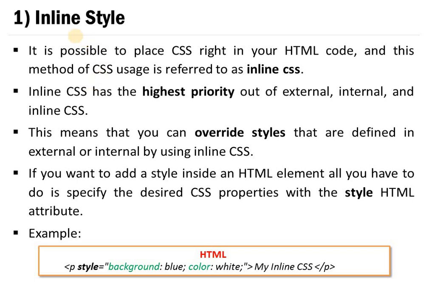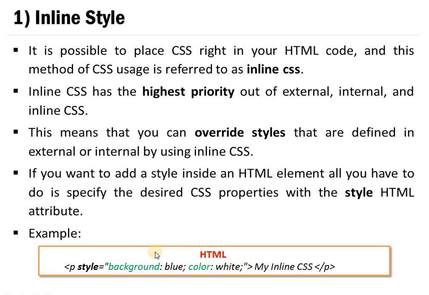In the p tag I have used one attribute, and this attribute name is style. In the style attribute I have set two pairs of property and value, and my content is written within my paragraph tag. So what does it mean?